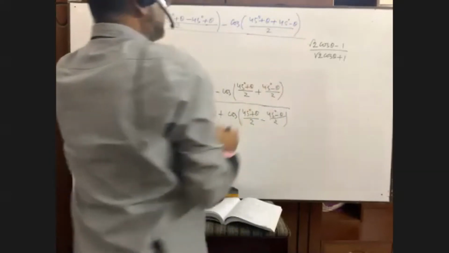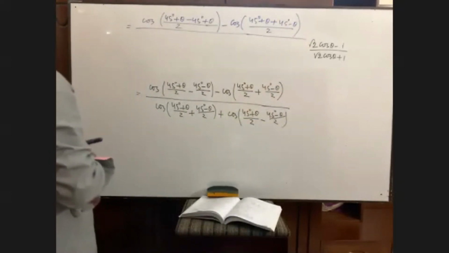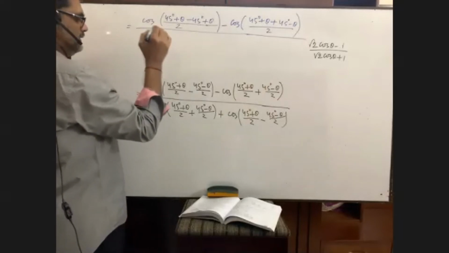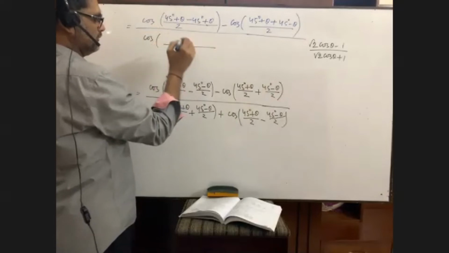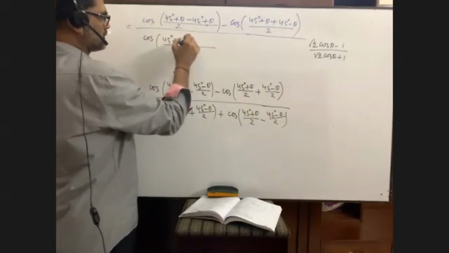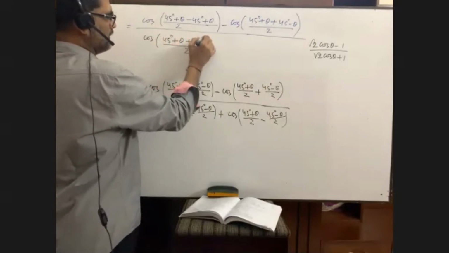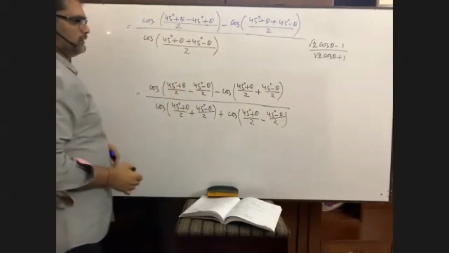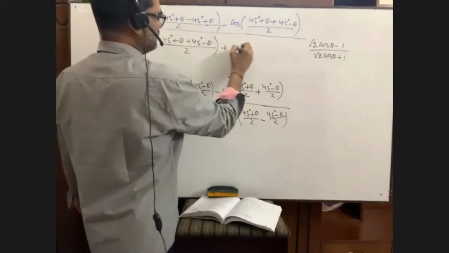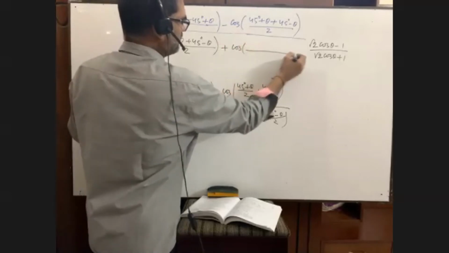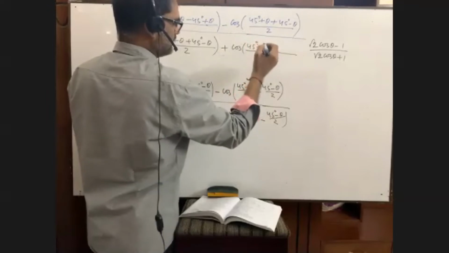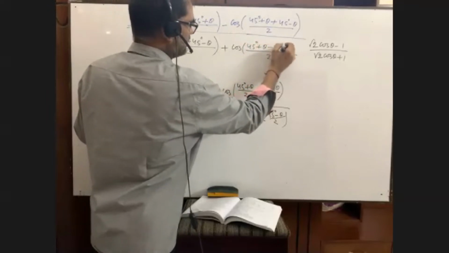In the same way, you do the denominator part, that is cosine 2 LCM 45 degree plus theta, 45 degree minus theta, plus cosine 2 LCM 45 degree plus theta minus 45 degree plus theta.